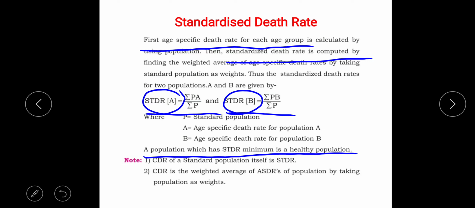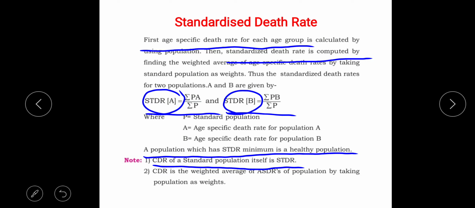The CDR of a standard population itself is its STDR. So when we have only two locations, India and China, and suppose the Indian population is considered the standard population, the CDR of the Indian population itself is the STDR, and there is no need to calculate STDR separately. But for China, using the Indian population as the standard, we need to calculate China's STDR.